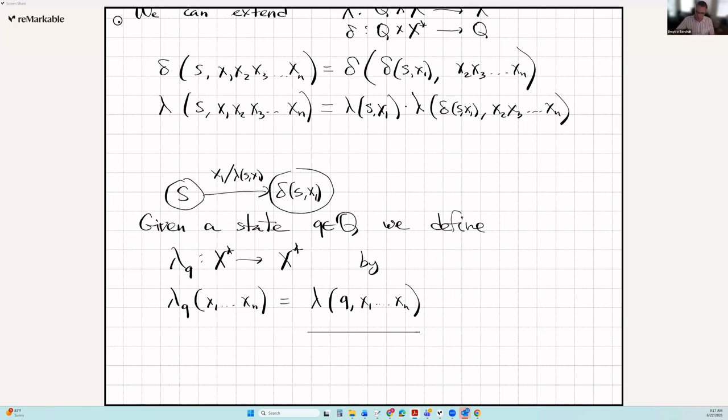Okay. So when we fix the first component, we're just going to get a function of one argument, which is a finite word. And so this is exactly the action of the initial automaton A_q on X star.